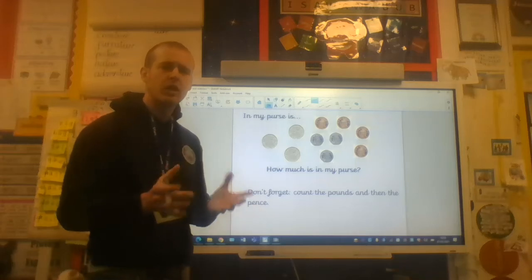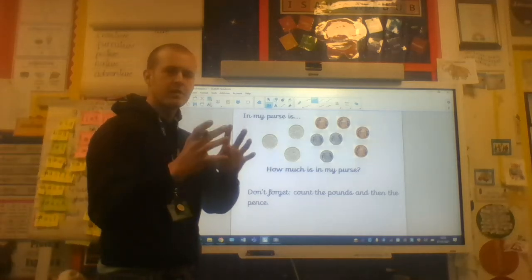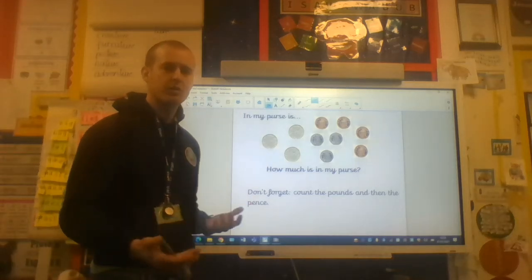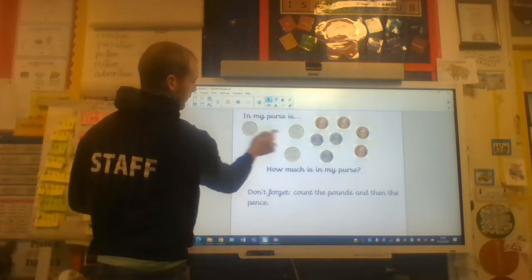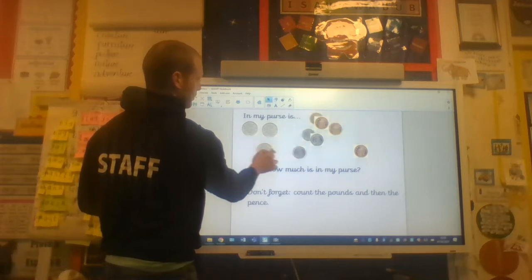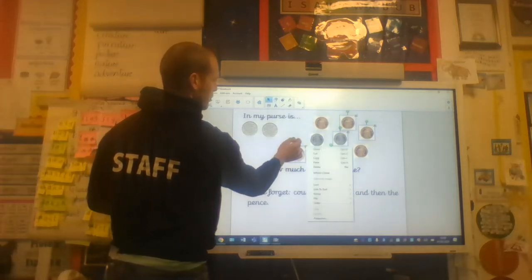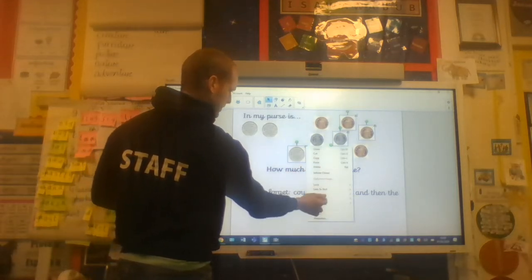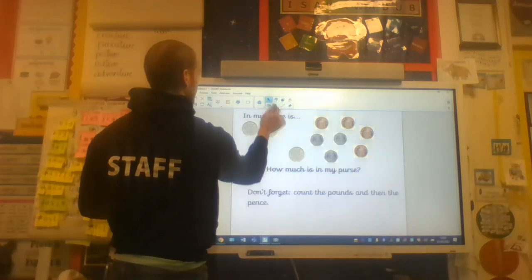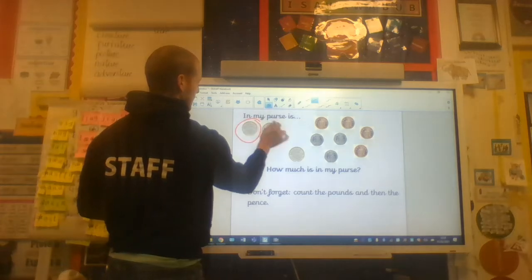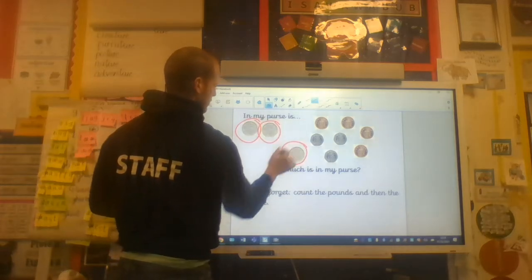Remember last week we were looking at counting the different amounts together to help us with identifying how much money we've got. I can see I've got my pounds here. Let's circle it. So I've got my pounds here, £1, £2, £3.